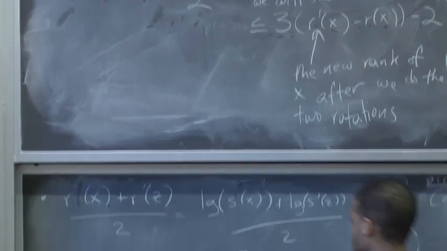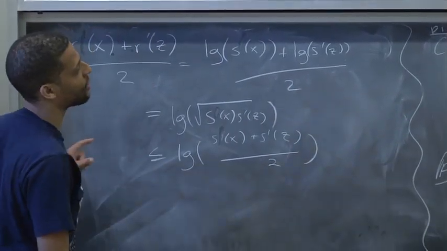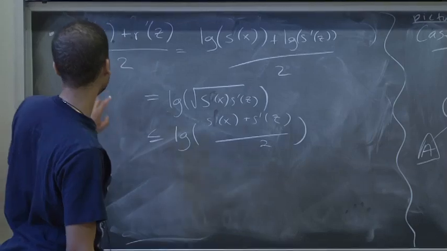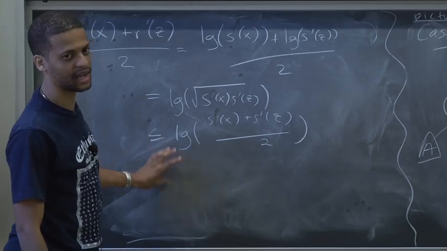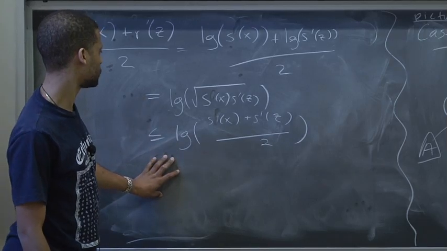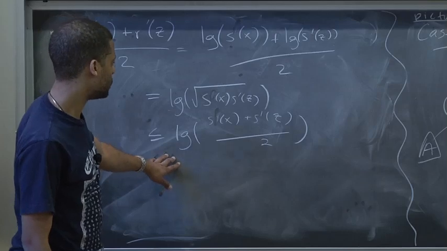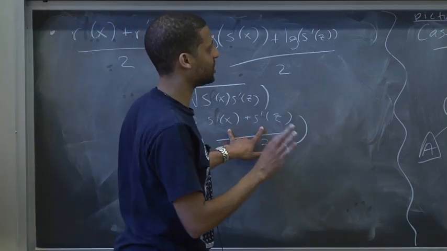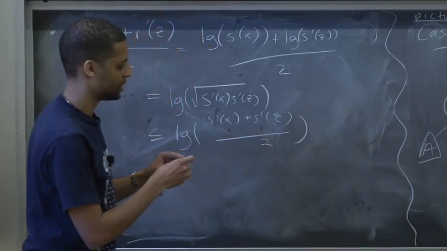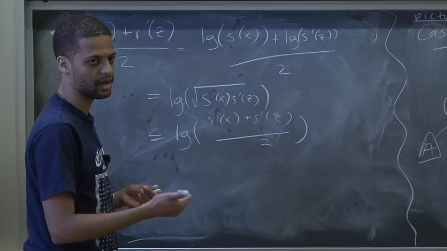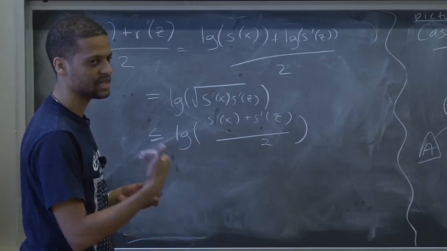Okay, so let's go back there, and I want to bound r prime of z. So this is equal to that is equal to that. I applied AM-GM. Even with what I said about negative numbers, I am going to maintain the property that as you go up in the tree, our ranks are only going to be non-decreasing.